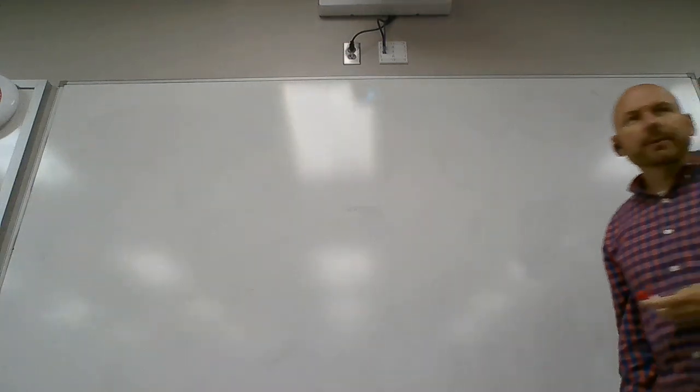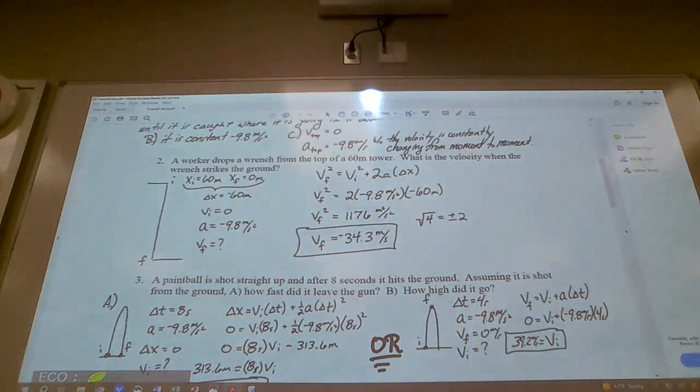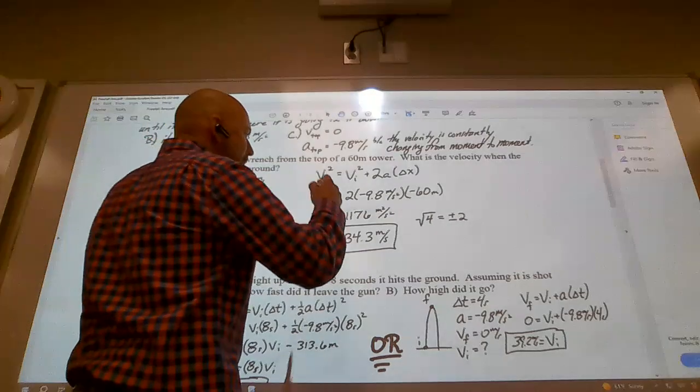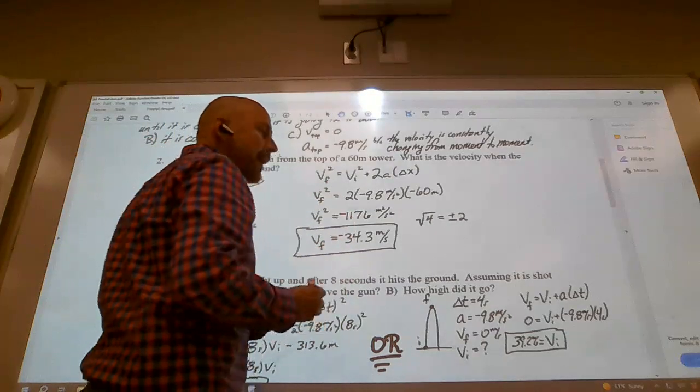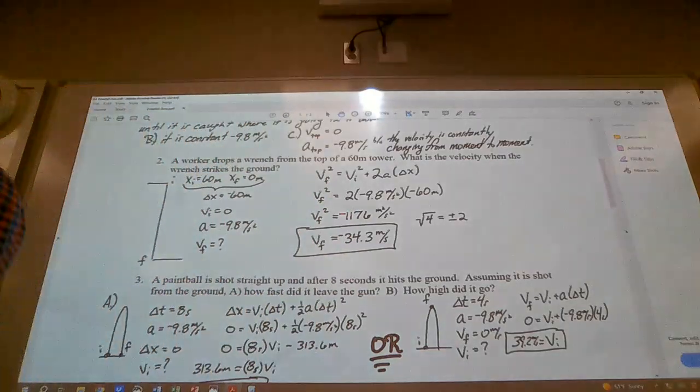Okay, I want to hit some popular pitfalls on this worksheet. Number 2, I suspect that many of you got to this point and had a negative 176.